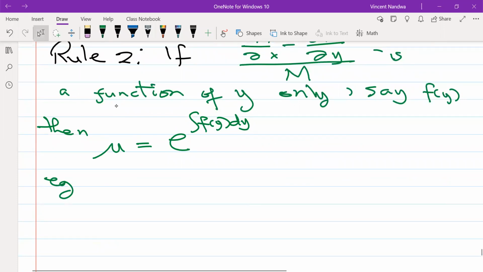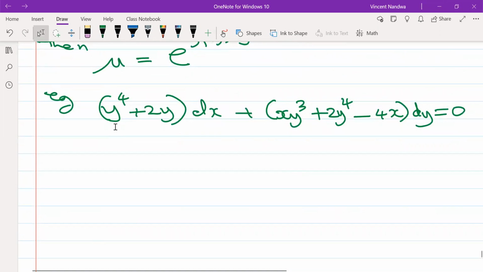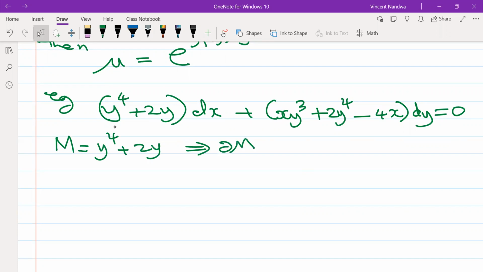E.g., if we have the equation y power 4 plus 2y dx plus xy cubed plus 2y power 4 minus 4x dy equals to 0, we see that m is y power 4 plus 2y, so which means partial m partial y is 4y power 3 plus 2.